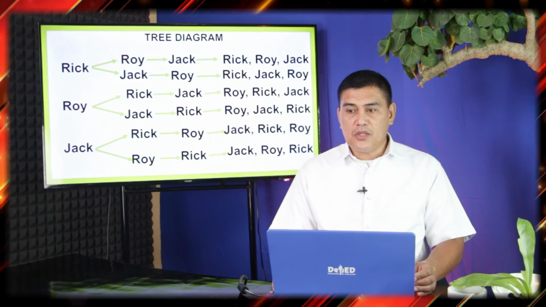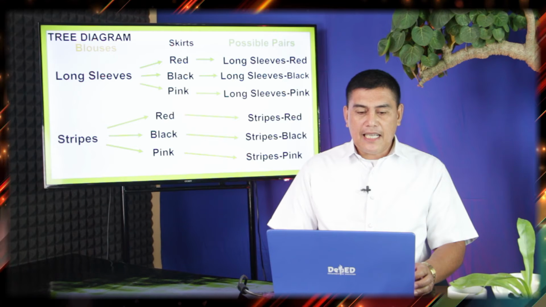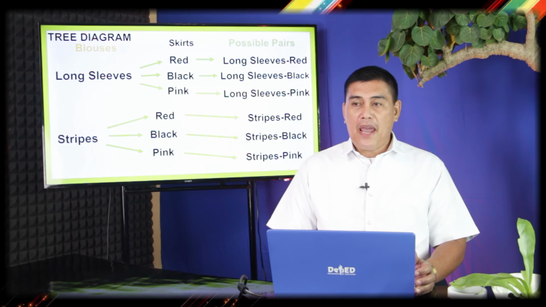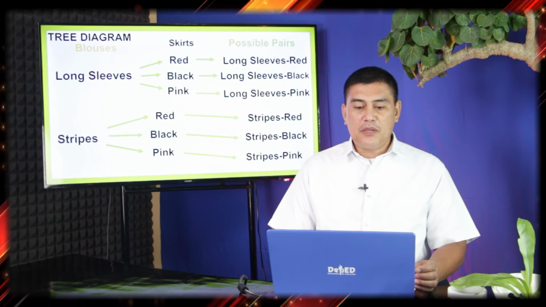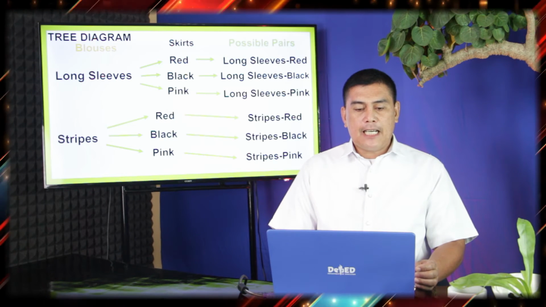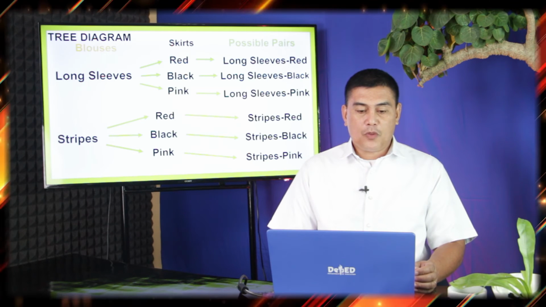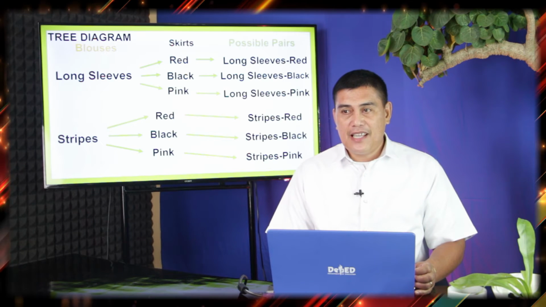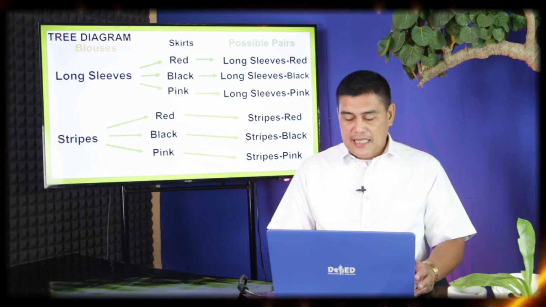So, 3 times 2 times 1 equals 6. Kung balikan natin si blouse-skirt pairs, yung una, ilang posibleng pagpipilian ni Anne sa kanyang blouses? We have 2. Sa kanyang skirts, we have 3. So, 2 times 3 is equal to 6.